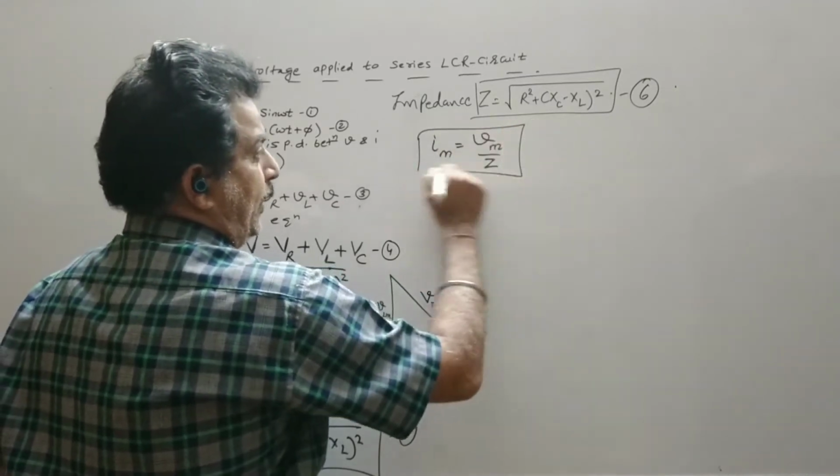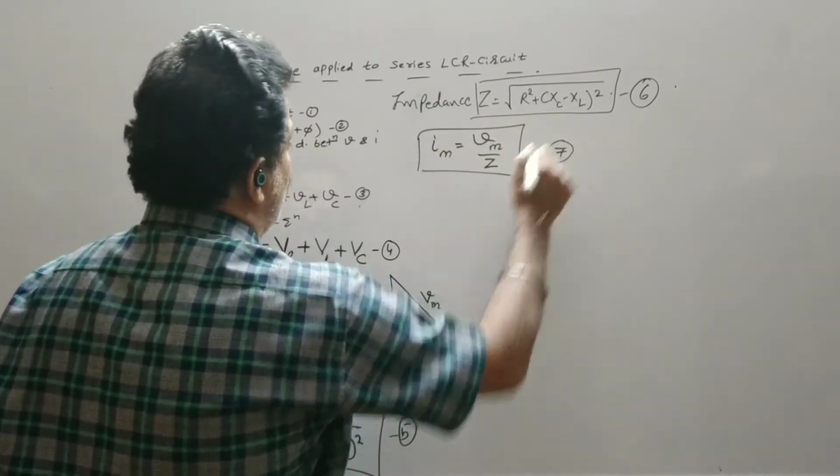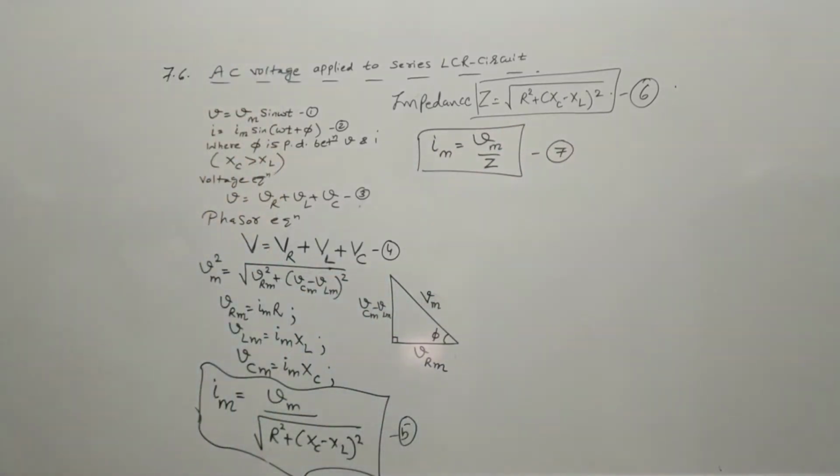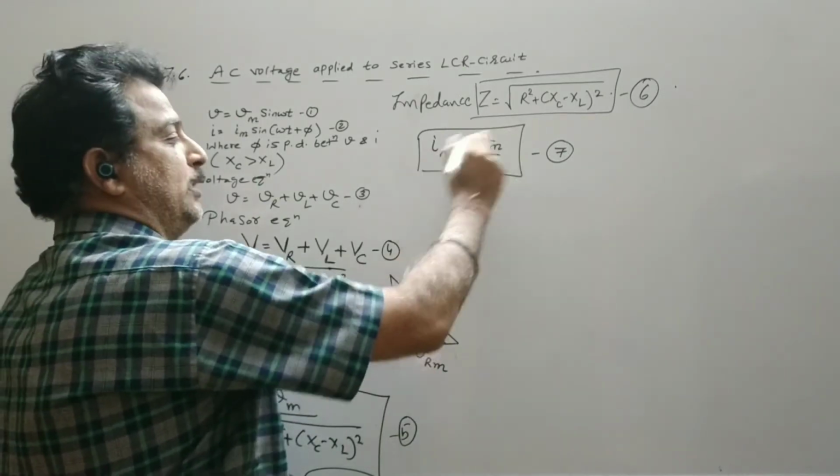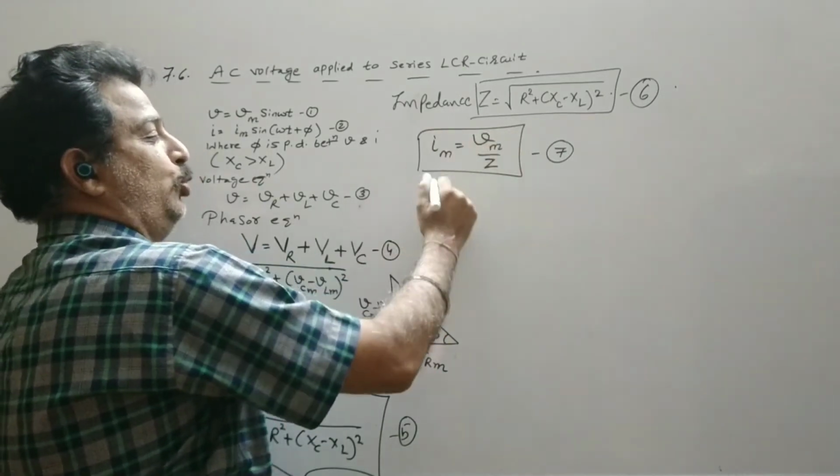And as required, if we need to find IRMS, we divide this equation by root 2 on both sides, and we know Im upon root 2.